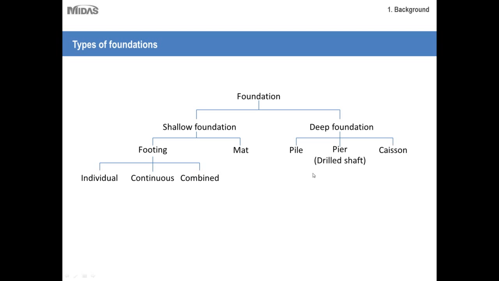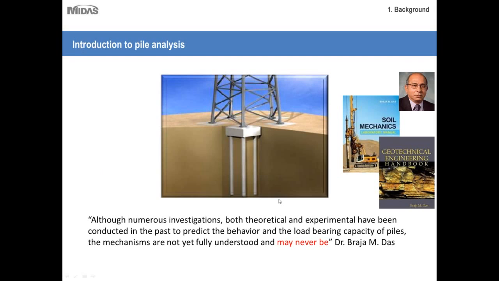Under deep foundation, the classification is pile, pier or drilled shaft, and caisson foundations. Deep foundation is the focus of our session today. In the beginning, I'll briefly talk about piles, pile groups, and pile raft foundation.